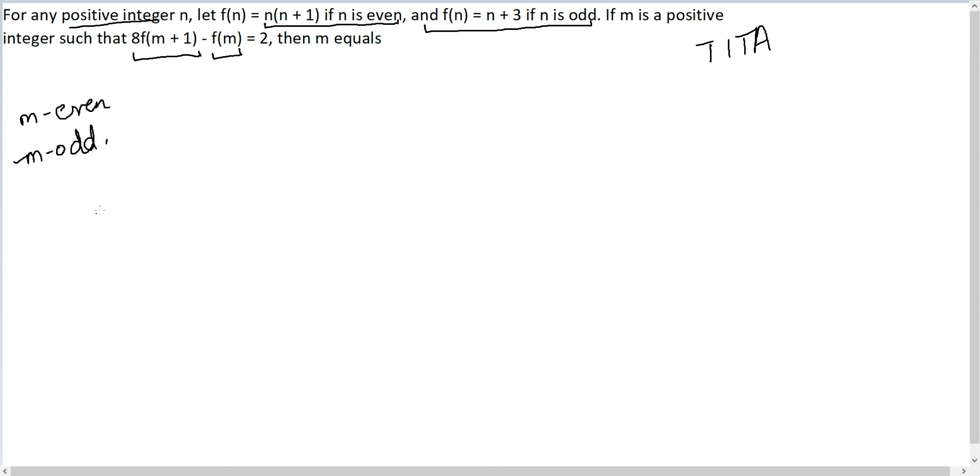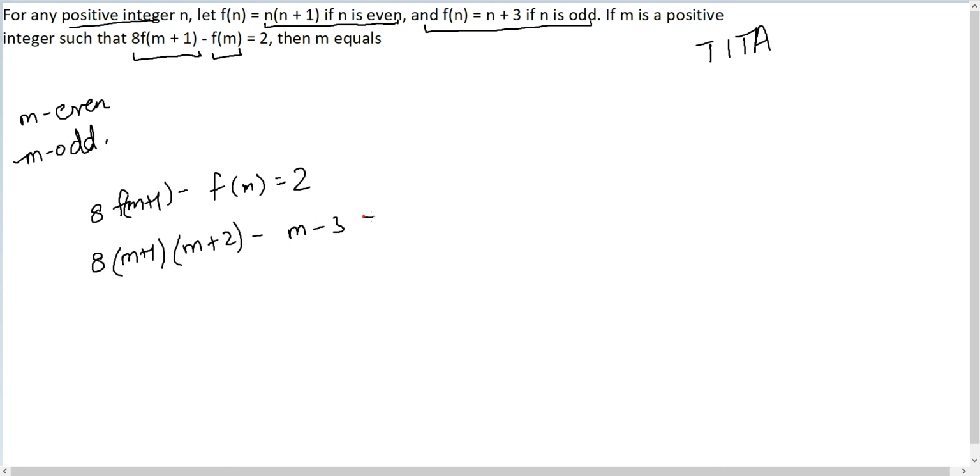If m is odd, 8 times f(m + 1) minus f(m) will equal 2. If m is odd, m + 1 will turn into even, so I will have 8 into (m + 1) into (m + 2). And then m is odd, so you would have m + 3 here, so you get minus m minus 3 is equal to 2.